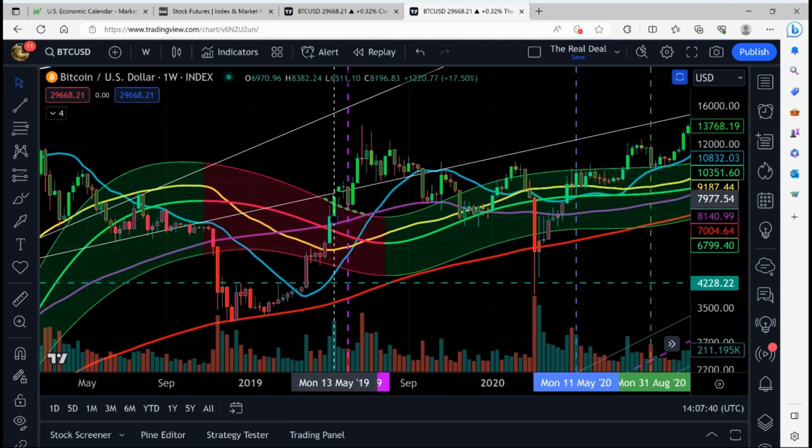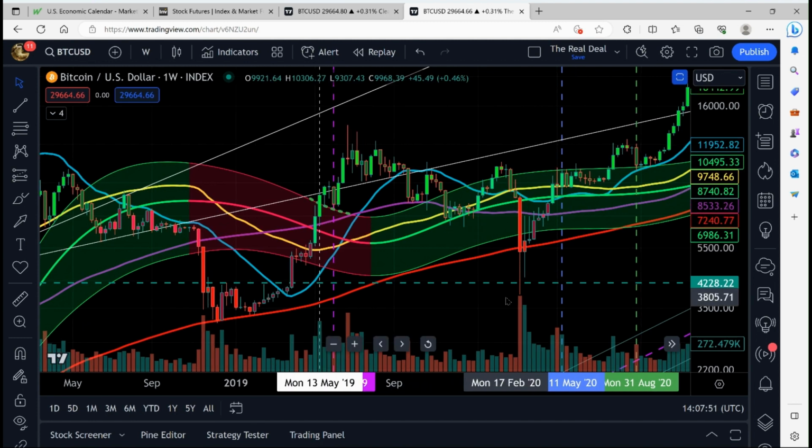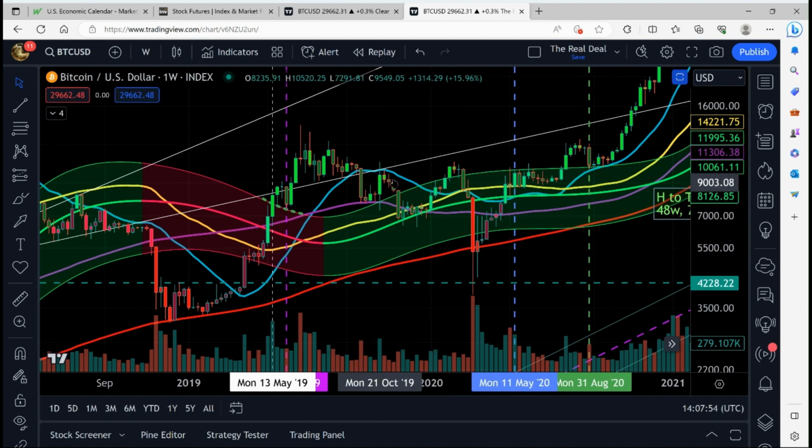You can see we lost support of the 20-week moving average and fell back down to the 100 and breached that. We also fell into the weekly Gaussian channel again. So right here, we were doomed with or without COVID. And we wouldn't have moved down this far without COVID, but probably would have struggled here.